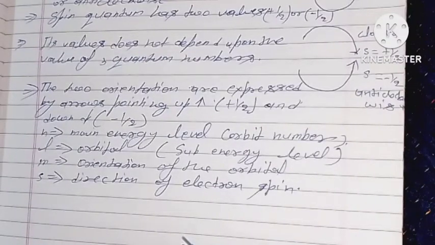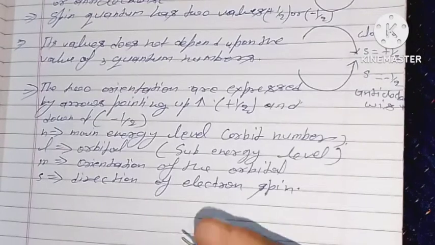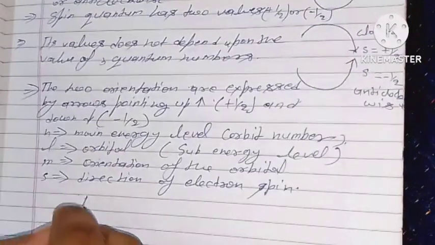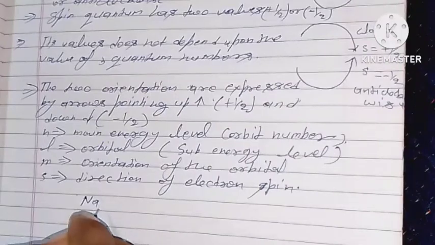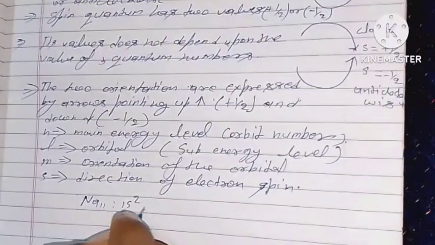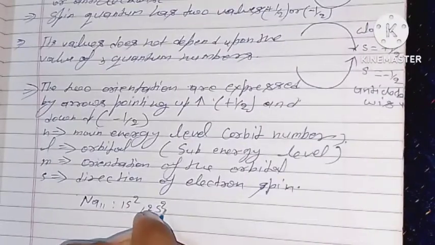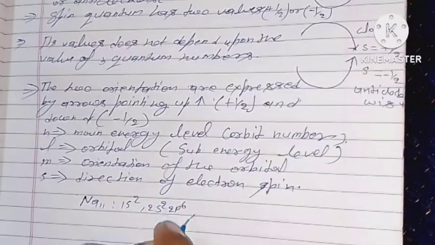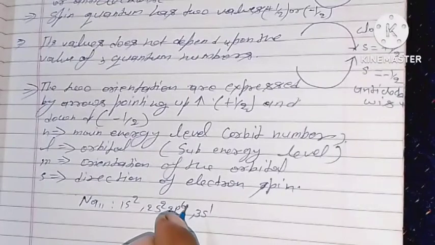The electron configuration of Na is given as below. Na, that means sodium, Na 11, is 1s2, 2s2, 2p6, 3s1.